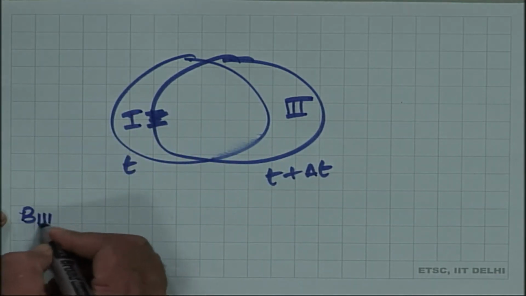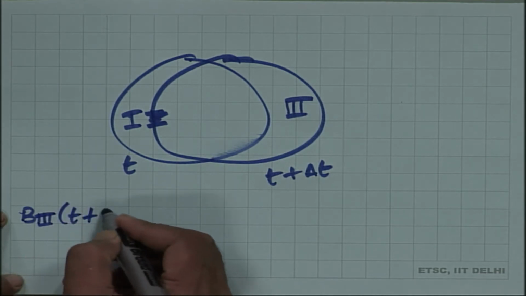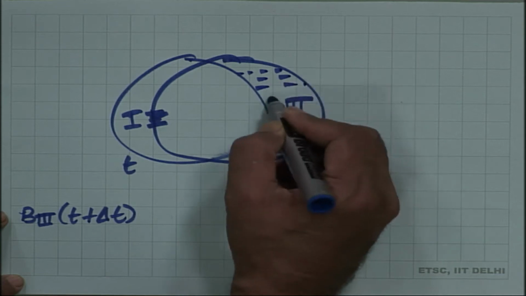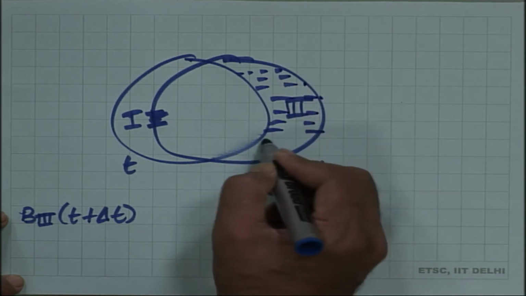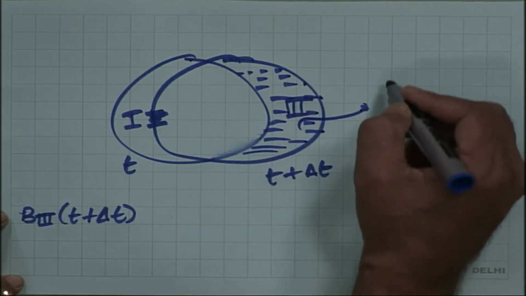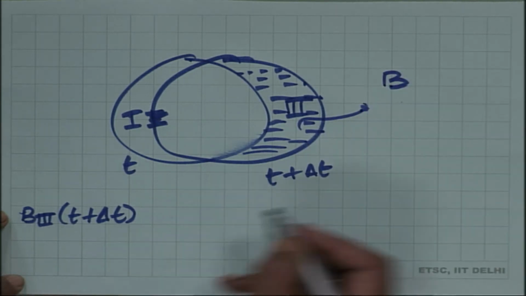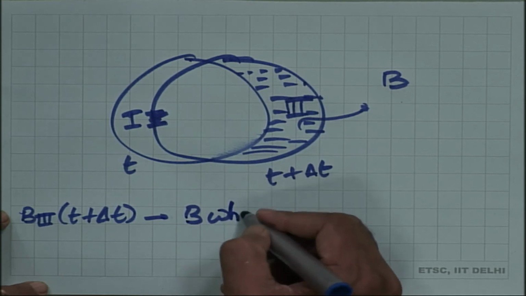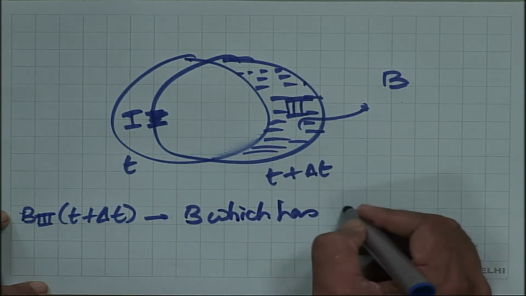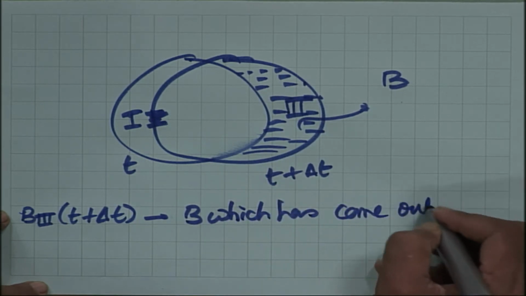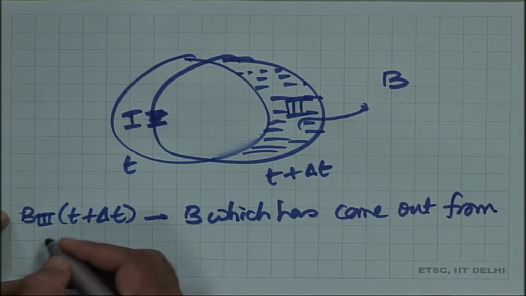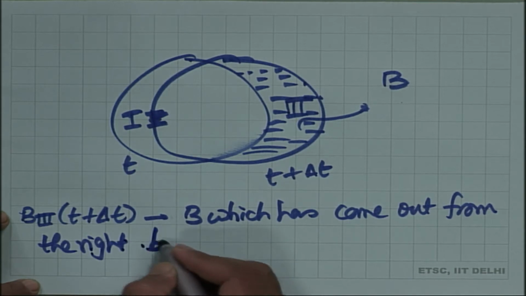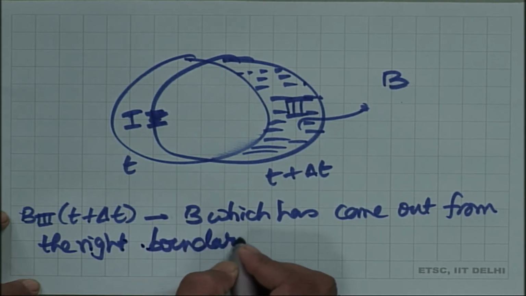So, B3 at t plus delta t is nothing but the B which has come out from the right boundary.